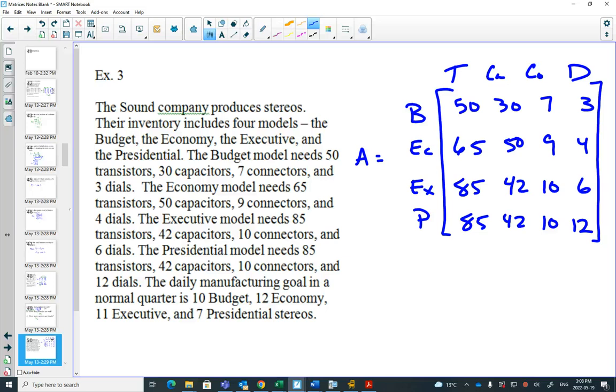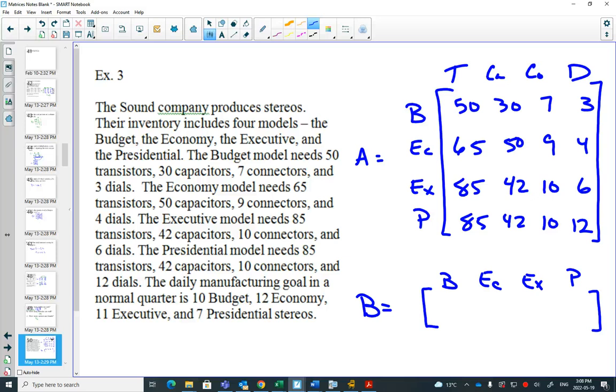Now, daily manufacturing goal in a normal quarter, 10 budget, 12 economy, 11 executive, 7 presidential. Can you see for that one, for matrix B, if I wanted to do a daily thing here, I'm going to put these this way because rows and columns need to be matched up. The other one is a 4x4. I need to have the numbers going across this way.